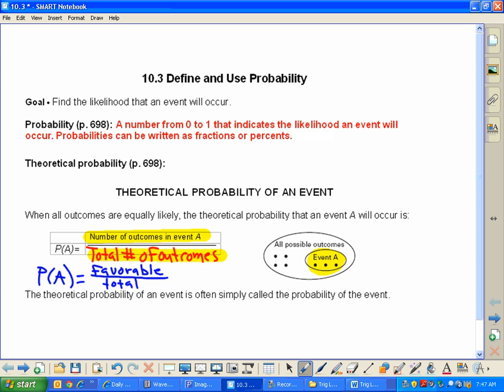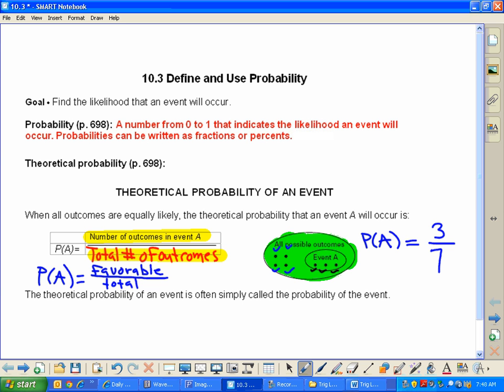So if we wanted to write the probability of event A happening based on our Venn diagram, we have 1, 2, 3 favorable outcomes over the total number of outcomes. So we would have to count all the little dots in that Venn diagram. I already have 3 checked off, 4, 5, 6, 7. So that would be the total number of outcomes on the bottom.